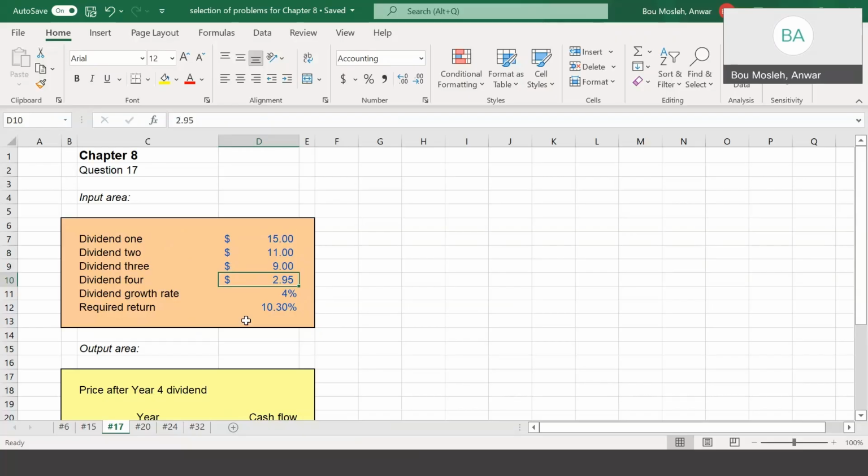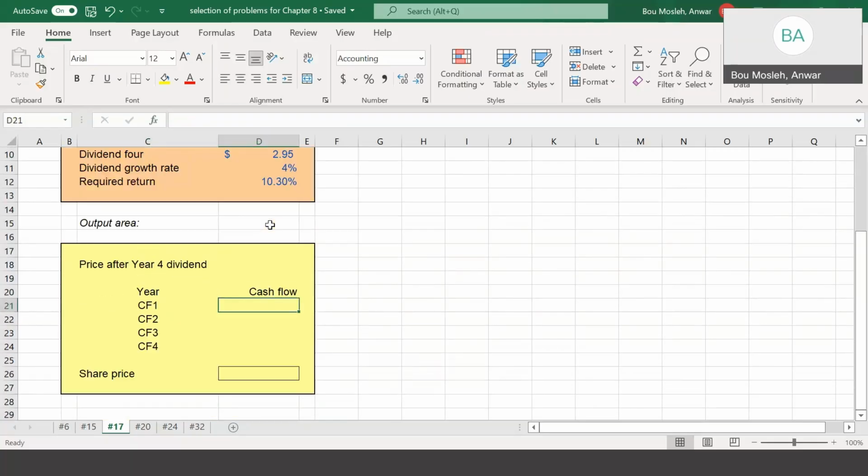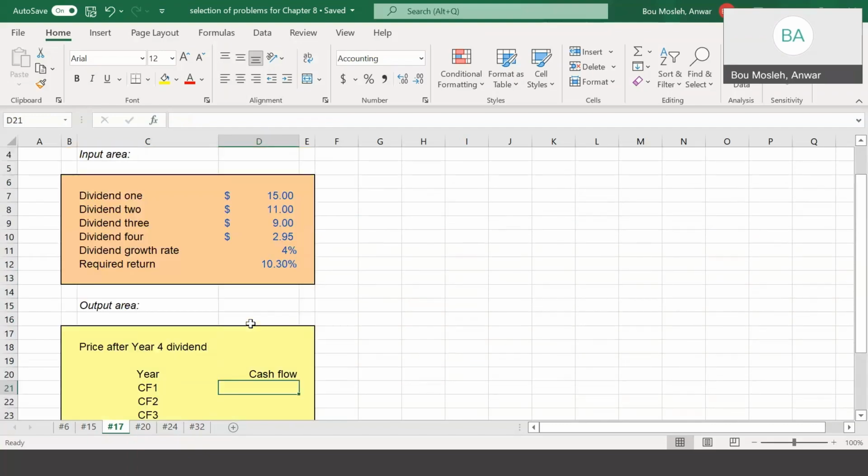We can calculate P4, which is equivalent to all the dividends that come after that period, so D5 till infinity. We can calculate that and then use those cash flows to calculate the price today. So here, cash flow in period 1, okay, this is how much I'm going to receive in period 1. In period 2 as well. So we have period 2, period 3.